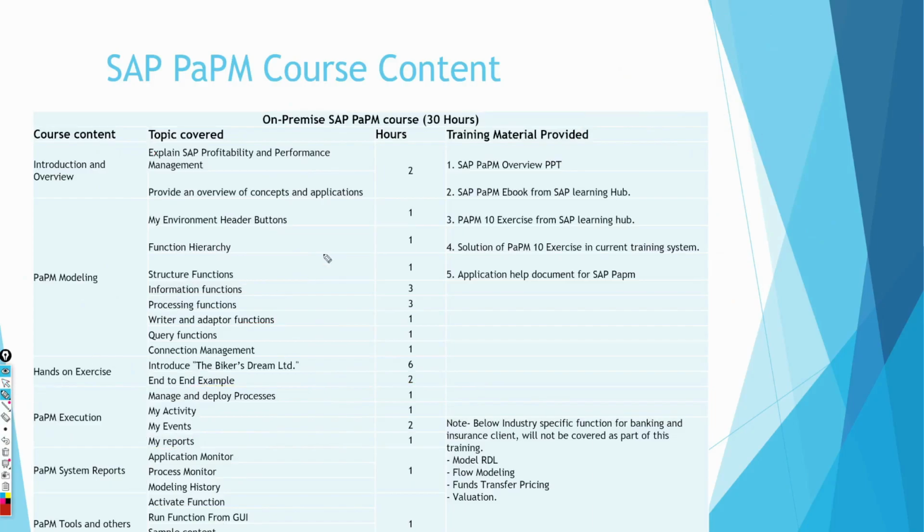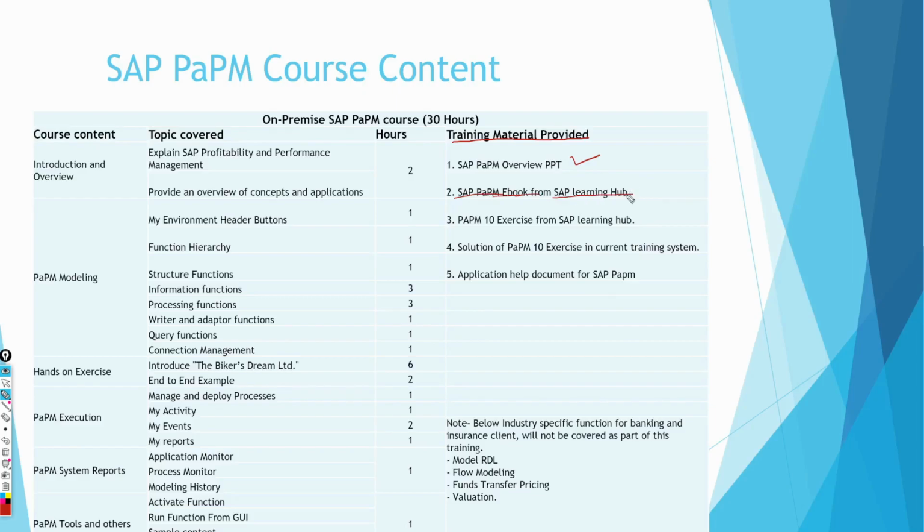Now, for this content, we will be providing you some materials. These are the training materials provided. The first one is this PPT, an overview of PAPM. Then there is a PAPM ebook from SAP Learning Hub. This is not a public document, but we will be providing a PDF.